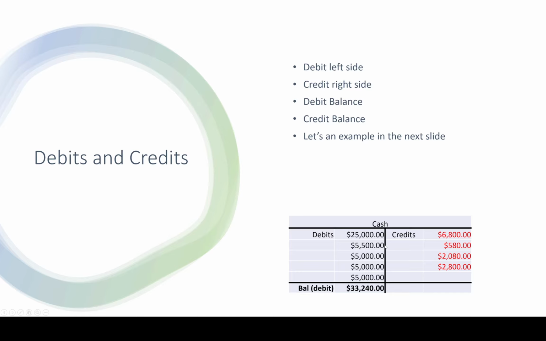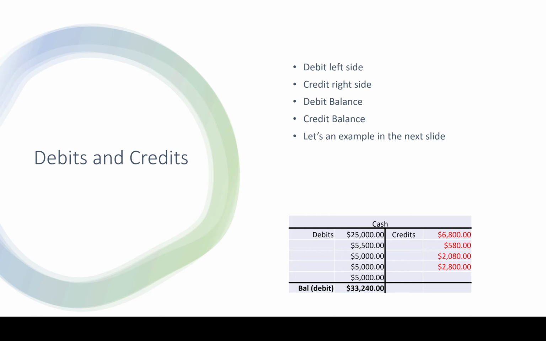This illustration is explained in more detail step by step. Bottom line from this slide, you need to understand that for T accounts, debits are always on the left side and credits are on the right side.